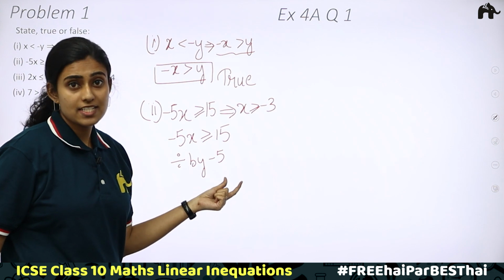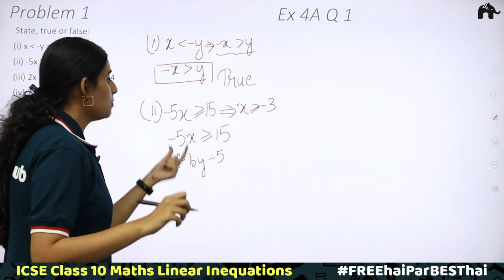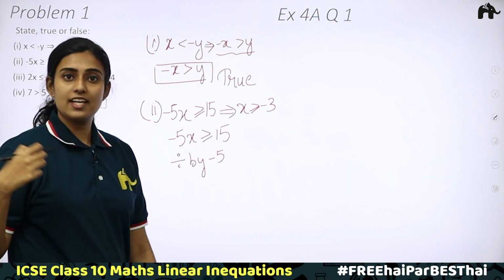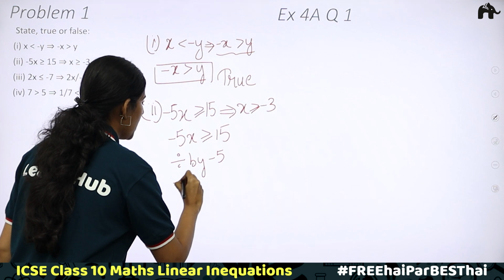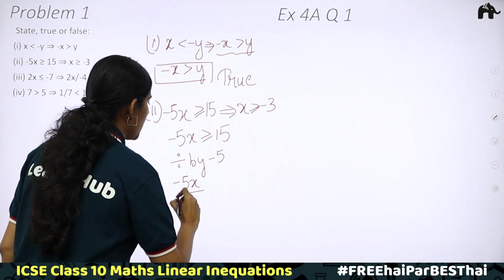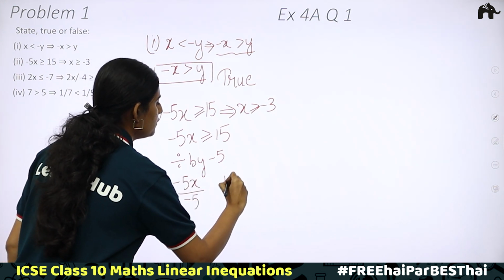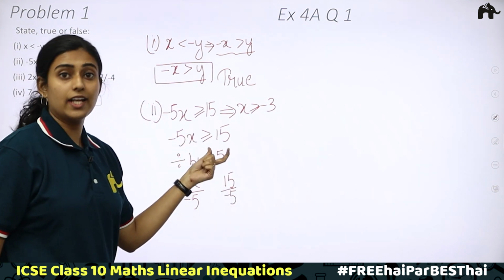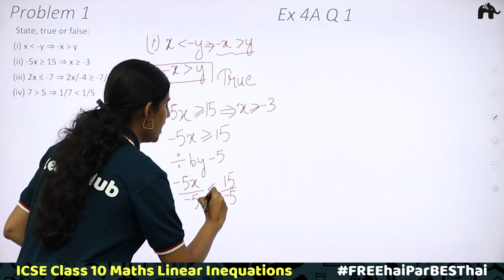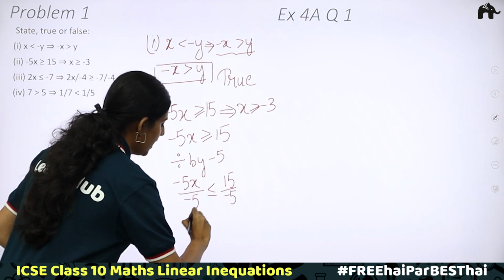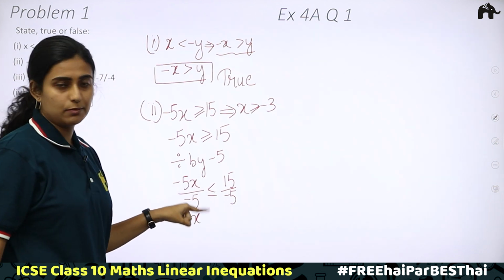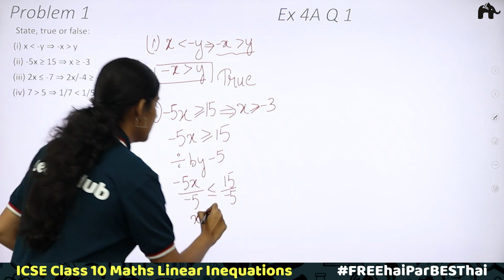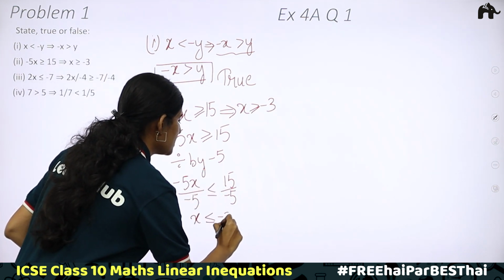Minus 5 is a negative number. According to rule 4, when you multiply or divide with a negative number, the inequality reverses. That is, minus 5x by minus 5, 15 by minus 5. What about the inequality? Here it is greater than or equal to, and it becomes less than or equal to. Here we have x. Minus 5 and minus 5 cancel. What about 15 by minus 5? You will be getting minus 3. So x is less than or equal to minus 3.